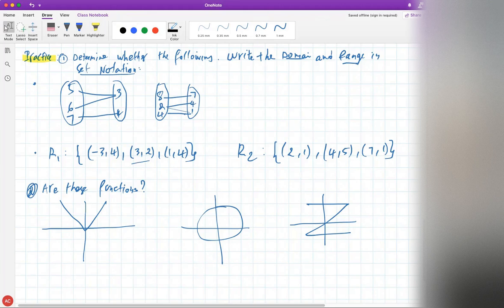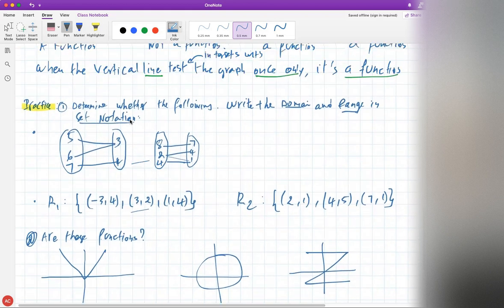Everyone, for the first one here, let's talk about this one. Is this a function? The first one. Yes, it is a function.